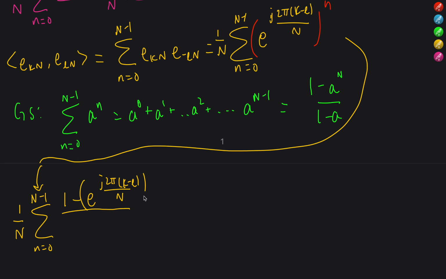Sorry, I forgot one more to the power of n. So 1 minus a to the power of n over 1 minus e to the j 2π (k minus l) over big N.